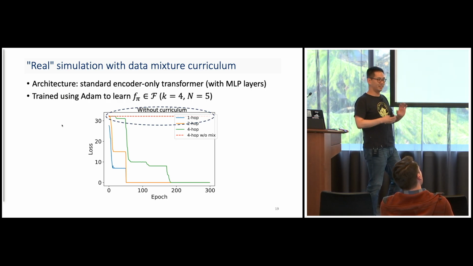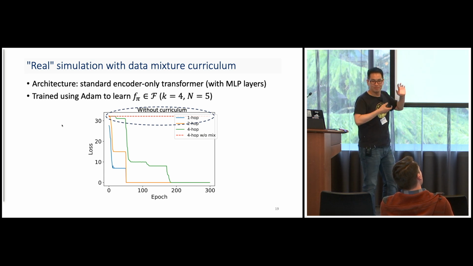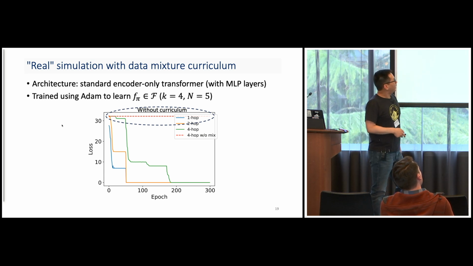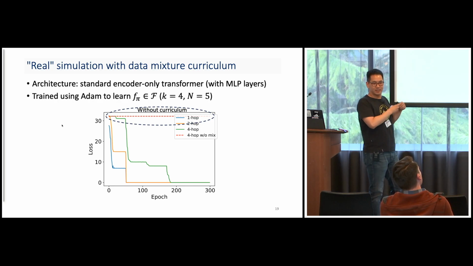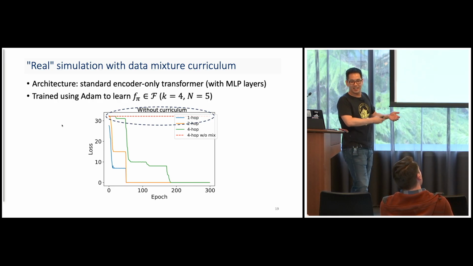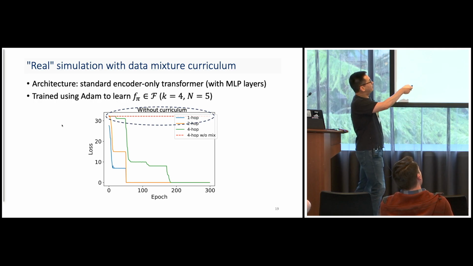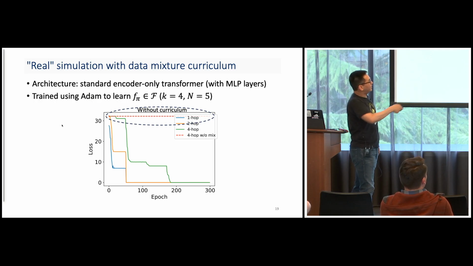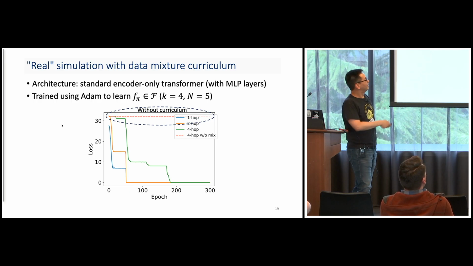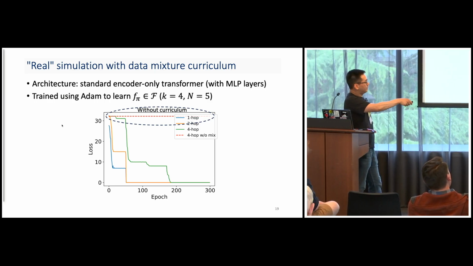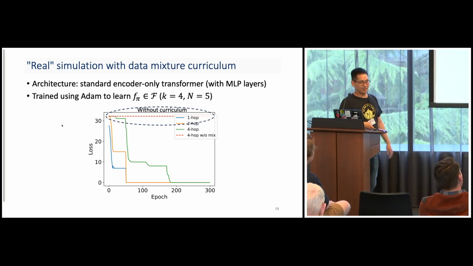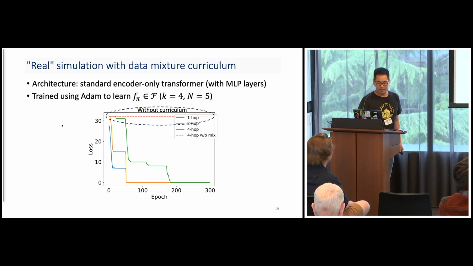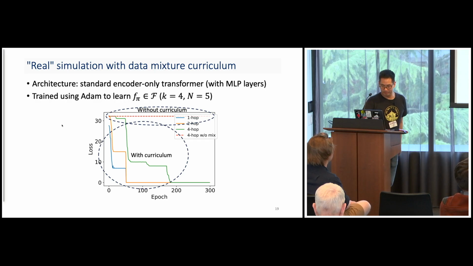Just throw them all together and train on that with regular Adam. Then you can evaluate how well you do on the easy tasks, the less easy tasks, and the hard tasks. And again you see this behavior where you learn the easy tasks very early on, later you learn the slightly harder ones, and last you learn the hardest tasks. So that's with curriculum.